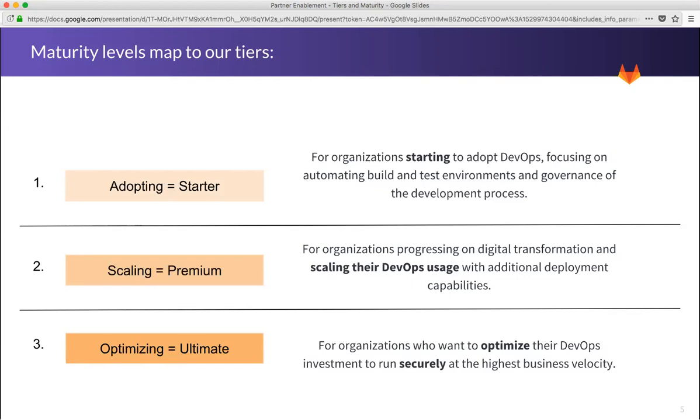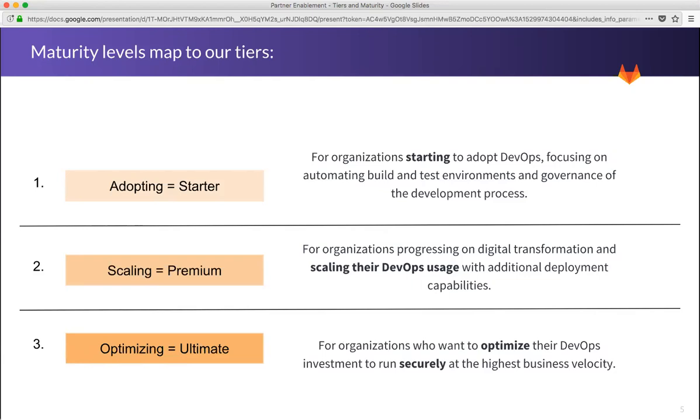There may be an organization which is very sensitive to security, even if they're getting going with automation, and it may be logical to start them at Ultimate. Some organizations may be very large and may be just starting and make sense on starter.